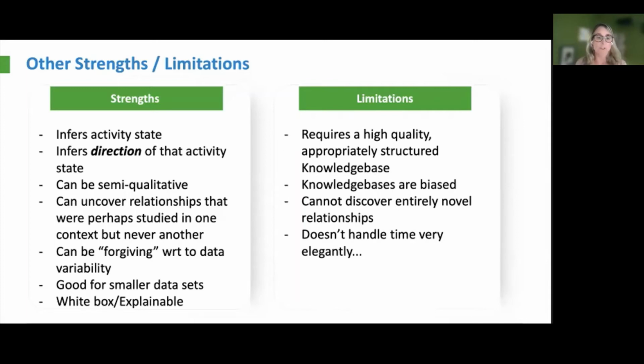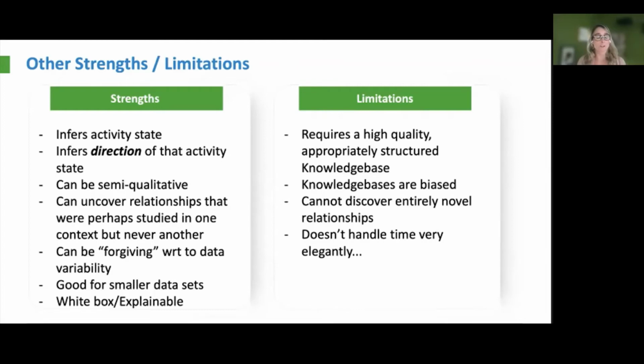Definitely some limitations, so this is why I consider it an approach that is complementary to other computational approaches. Some of these limitations are that it actually requires a knowledge base, and there are not knowledge bases that are readily available that have been structured in a way that is competent for reverse causal reasoning everywhere.